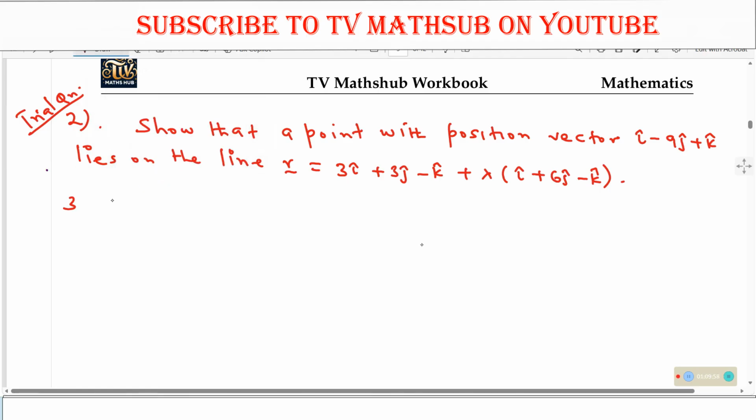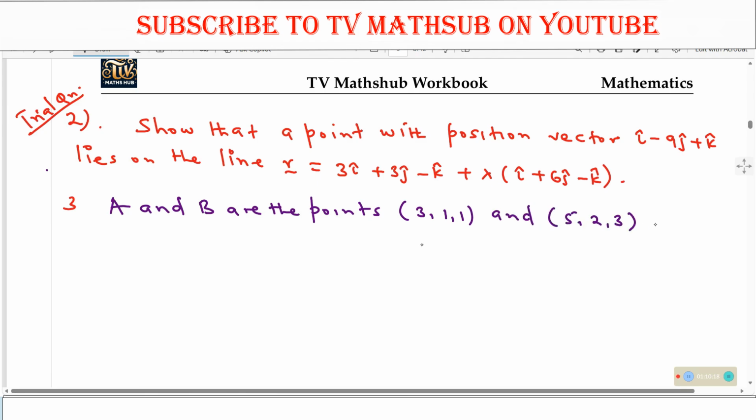So example 3 says A and B are the points. A and B are the points (3, 1, 1) and (5, 2, 3) respectively.